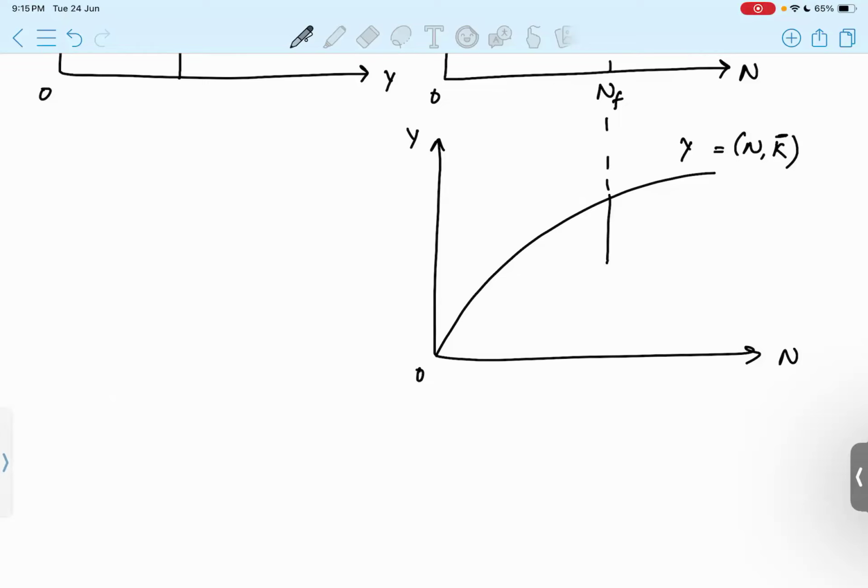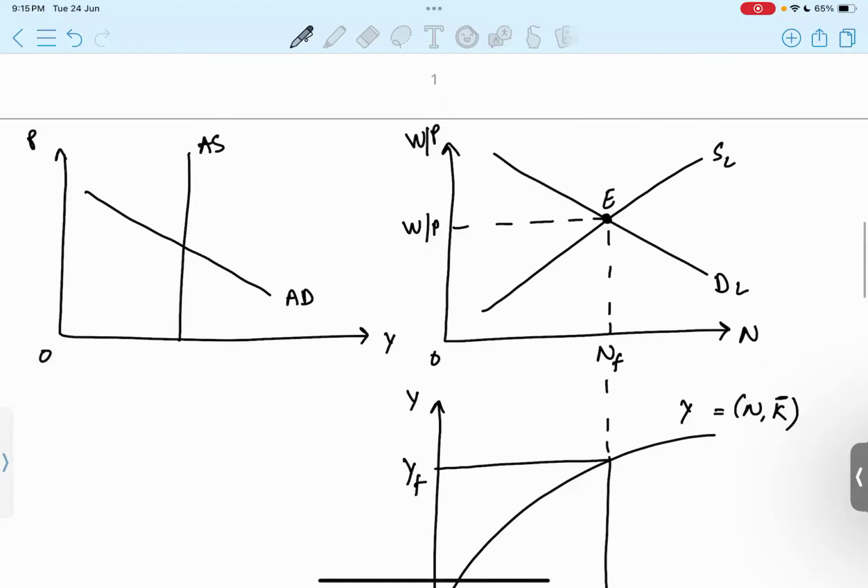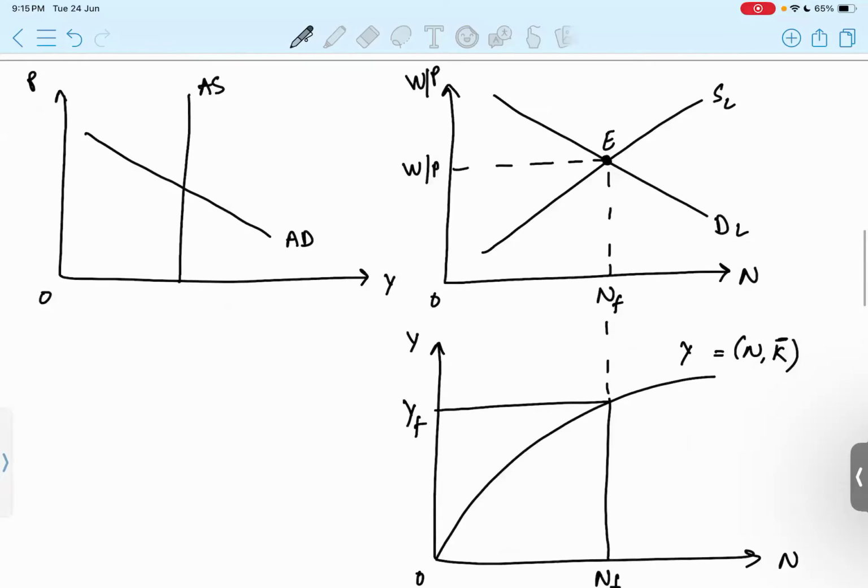So we will extrapolate the labor employed, and this is the amount of output in the economy. Now here, because we're talking about neutrality of money, let's assume that the money supply falls in the economy, so aggregate demand will fall.